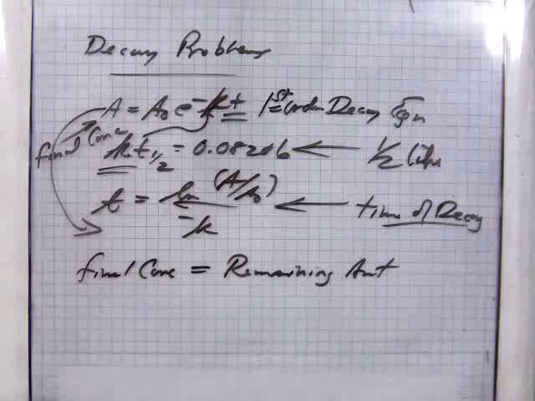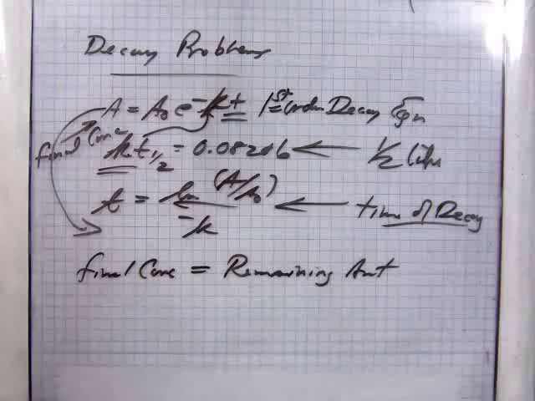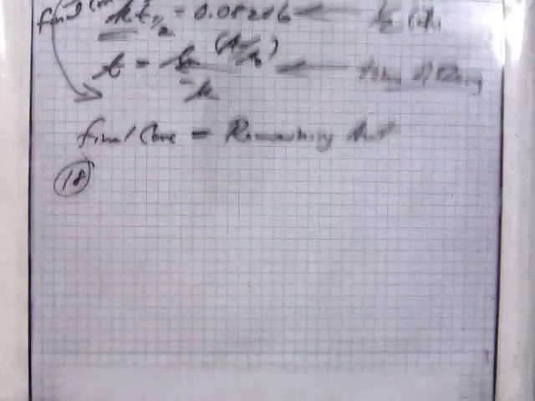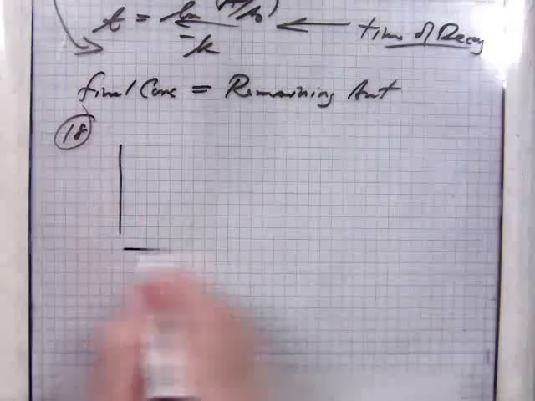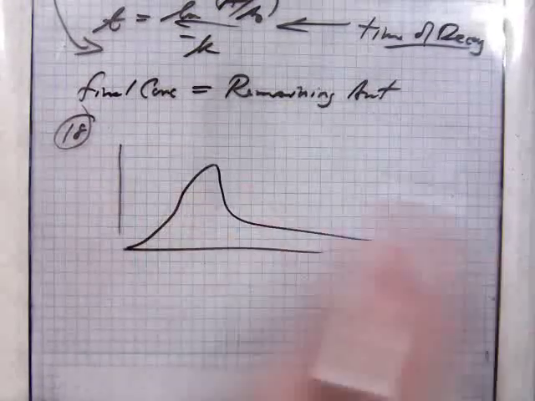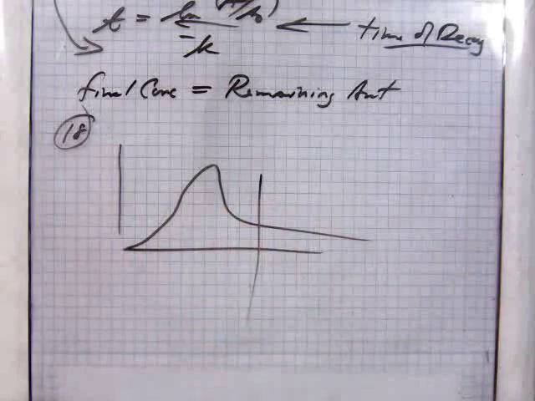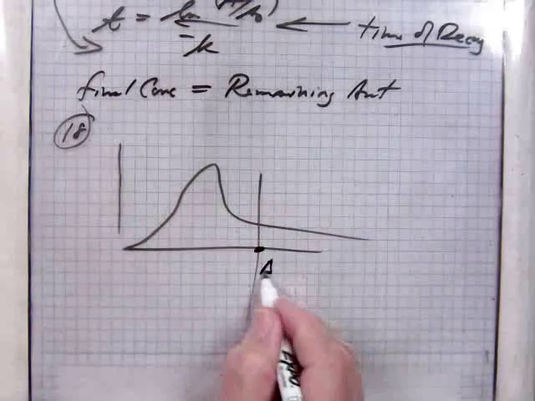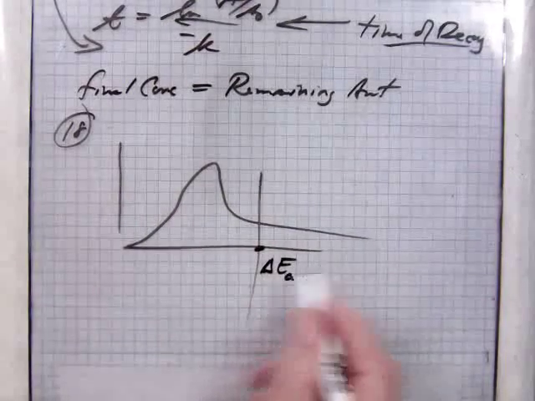Oh, 18. What would happen if the kinetic energy of the reactants were not enough to provide the needed activation energy? Nothing. You look at number 18. You recall the Boltzmann curve like this, and then I drew a line over here. This line represents what we call the delta EA, the activation energy point.